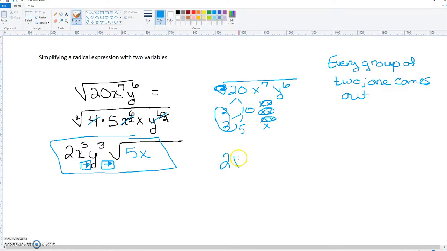So we got x to the 3rd. See how that worked? And then same thing with the y's. We can break these down. And so here's one group, 2, 3. So it's y to the 3rd.